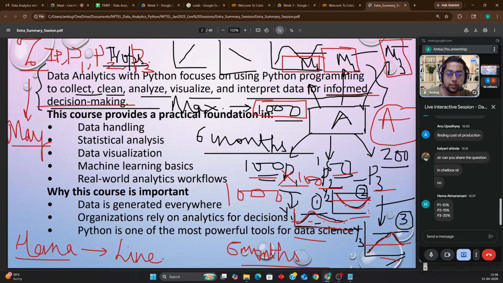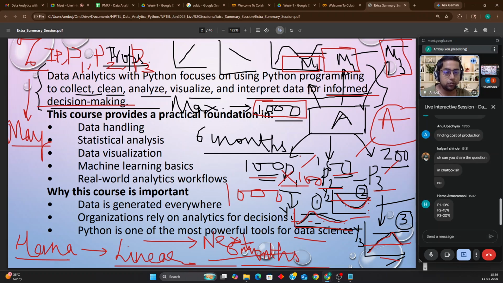Linear trend means whatever the sales percentage of products P1, P2, and P3 was in the previous month shall continue for the next month. That is what Hema is assuming.